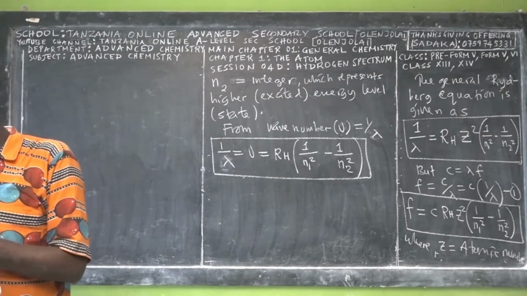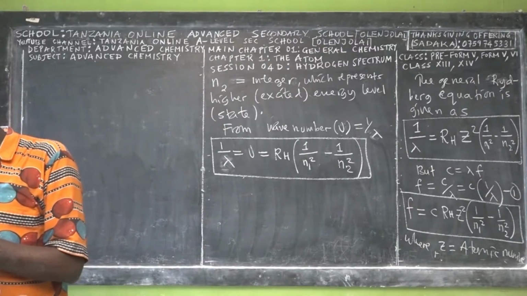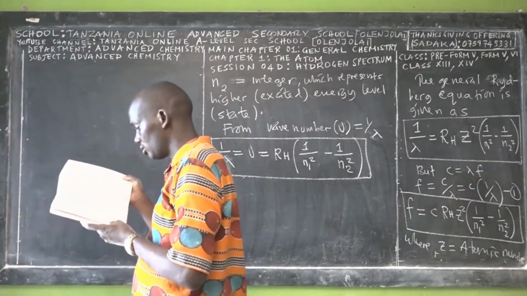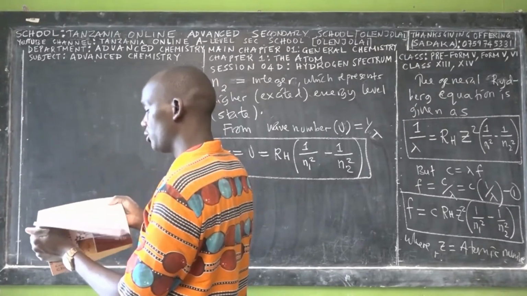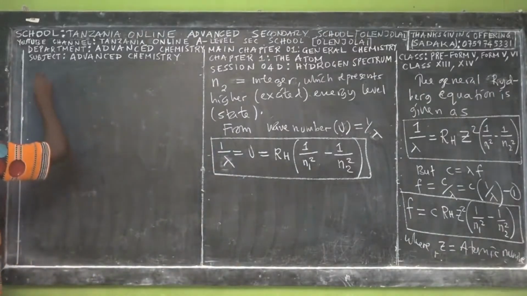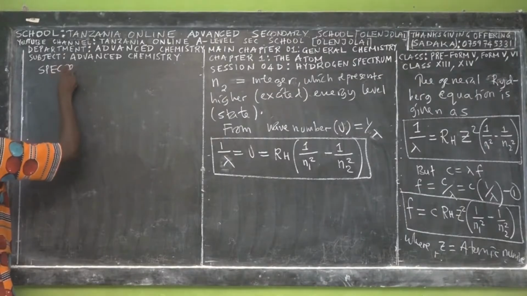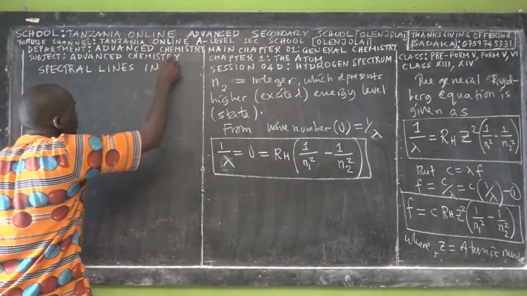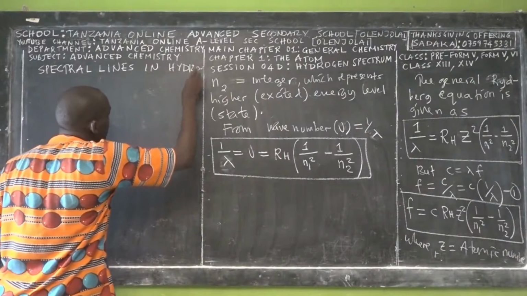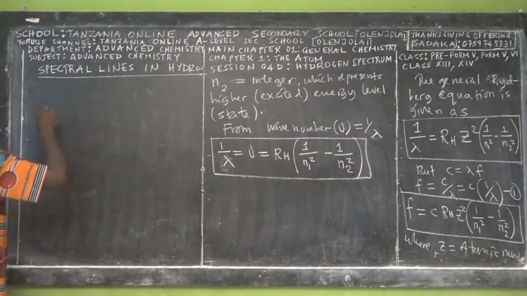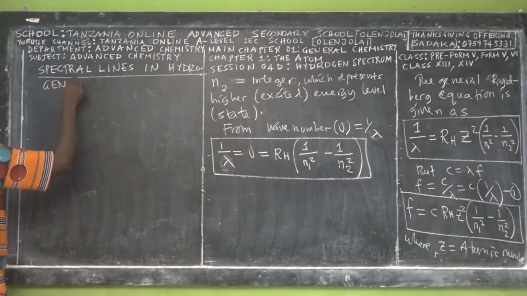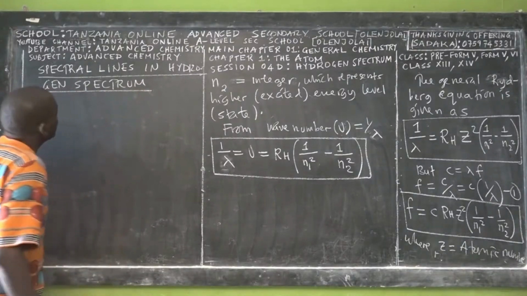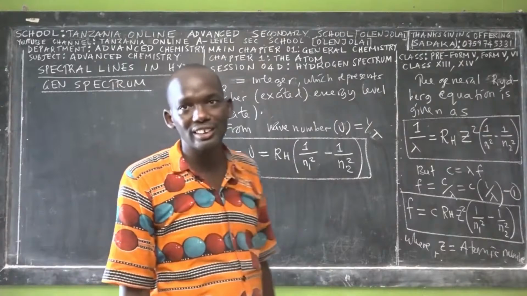Then we can see the electronic transitions, which give different series of spectral lines in the hydrogen spectrum. That's what I want to discuss with you.